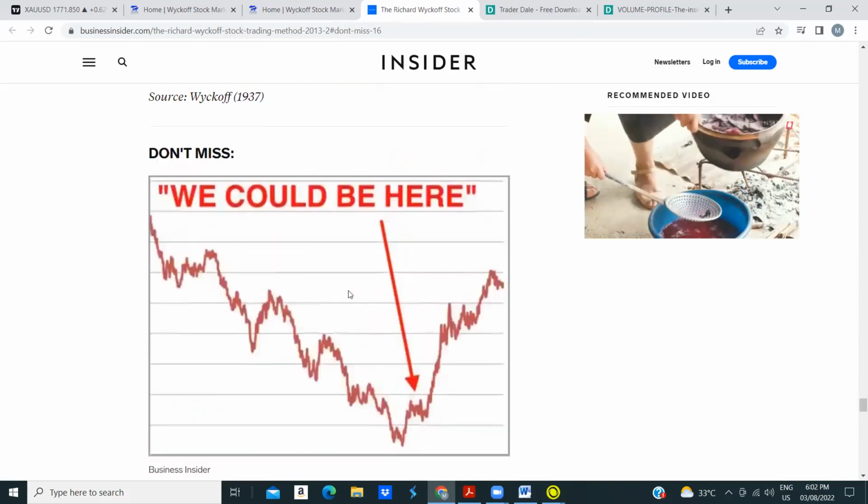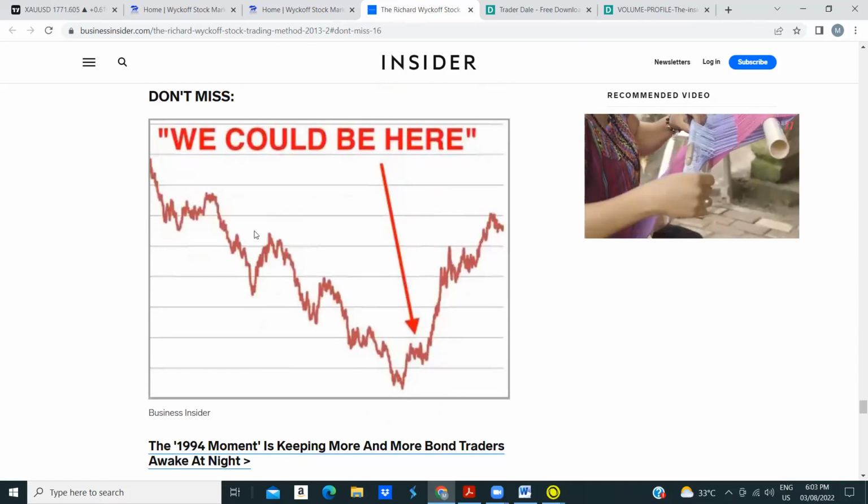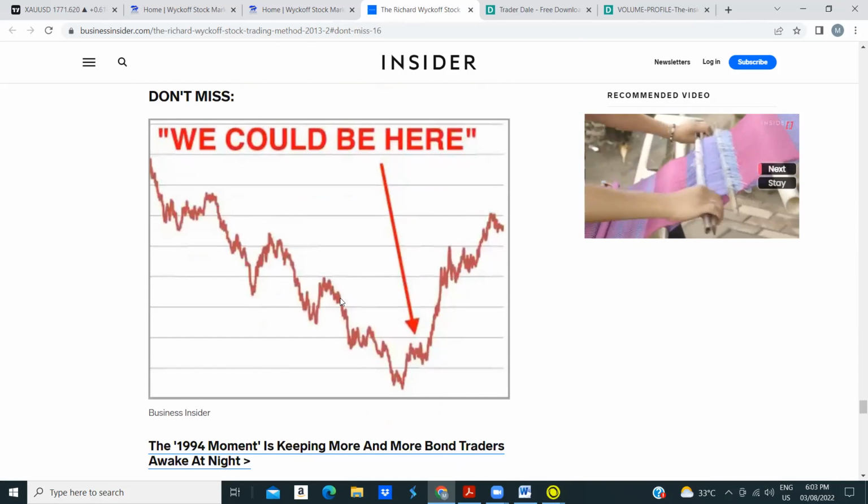Now, just this example. All right. So what happens here? The bad news comes here. The market is already crashing. Do you see? The market is already crashing.